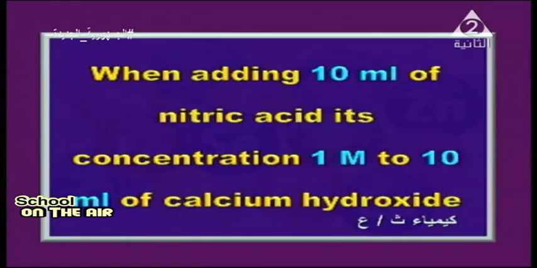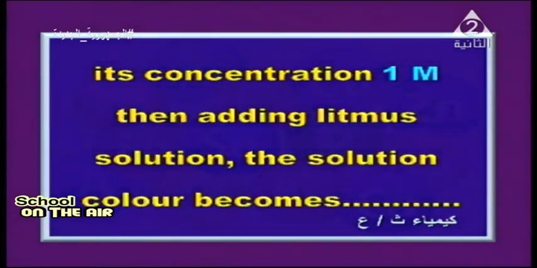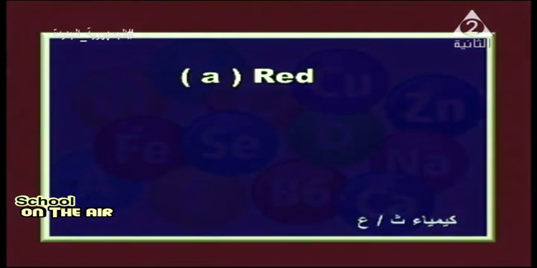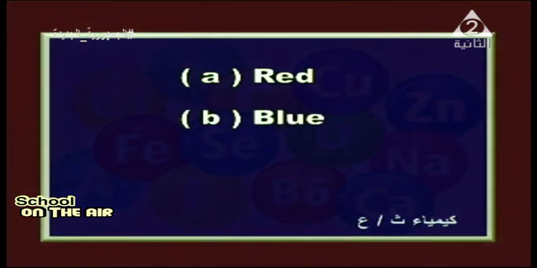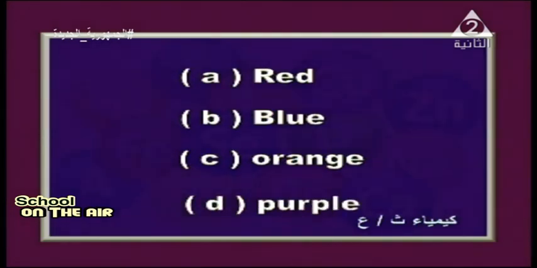Next point, when adding 10 milliliter of nitric acid, its concentration 1 molar, to 10 milliliter of calcium hydroxide, its concentration also 1 molar, then adding litmus to the solution, the solution color becomes what? Is it red, blue, orange, or purple?